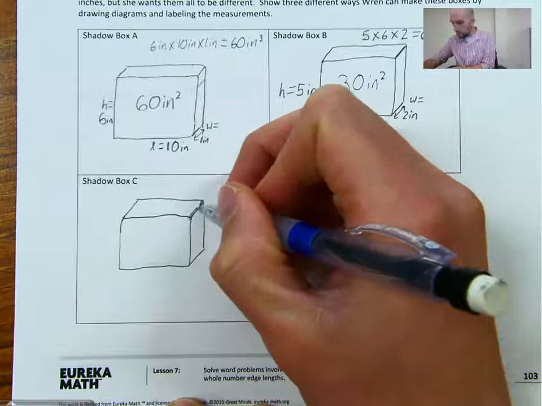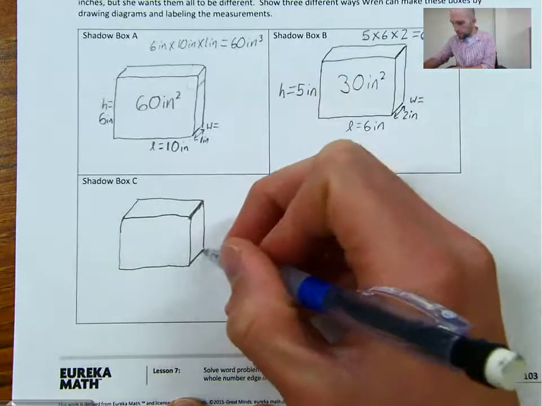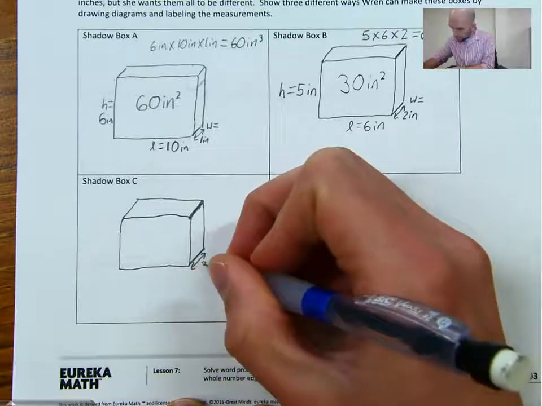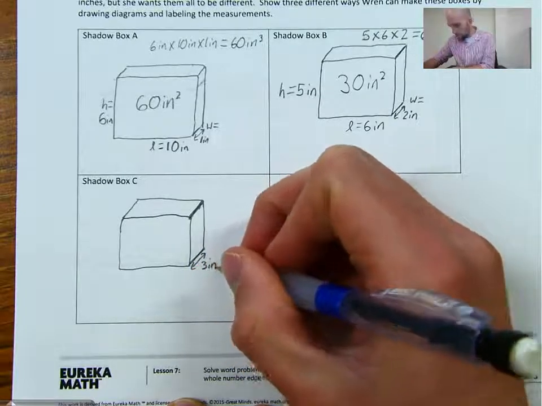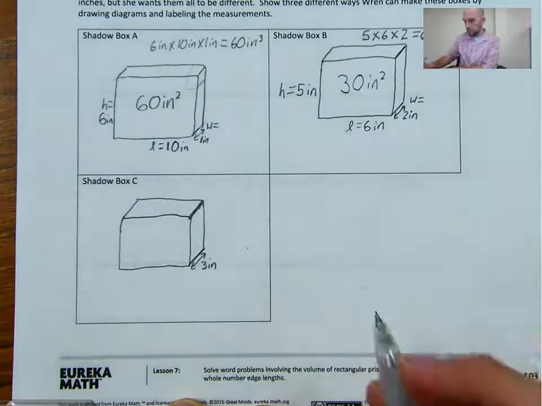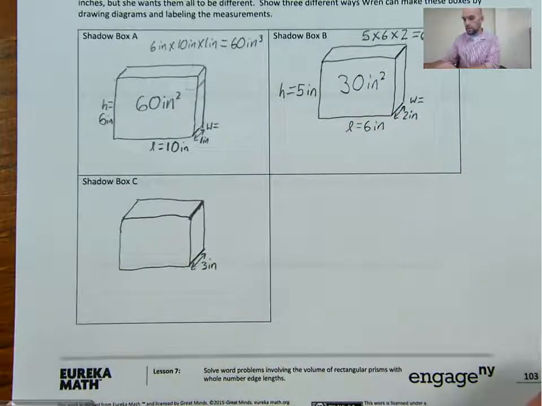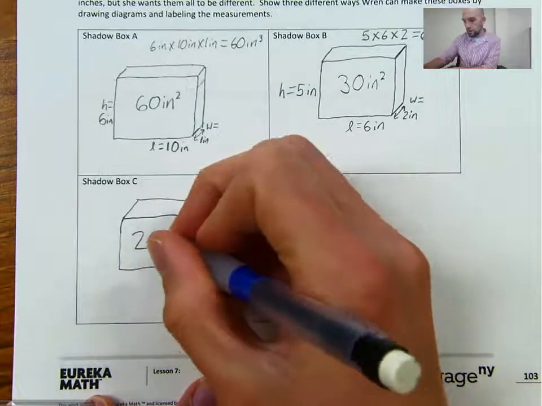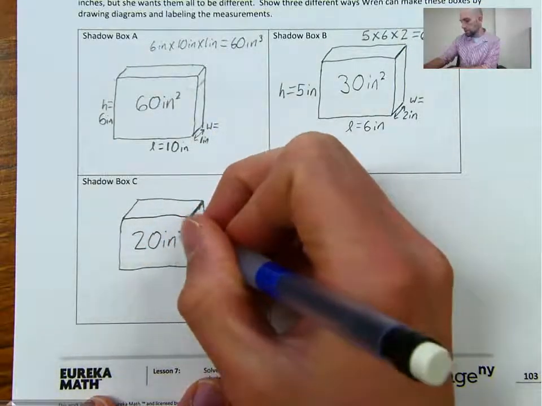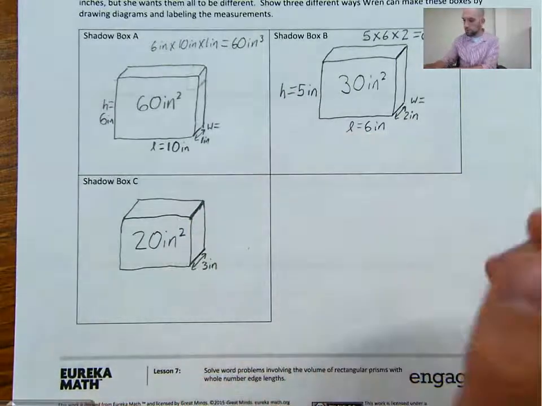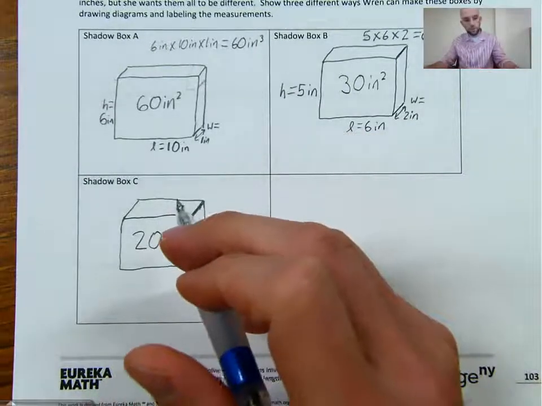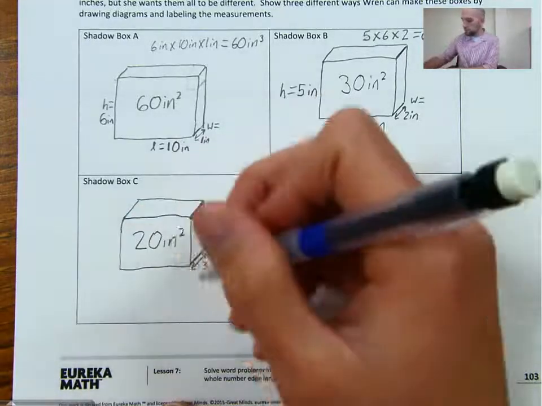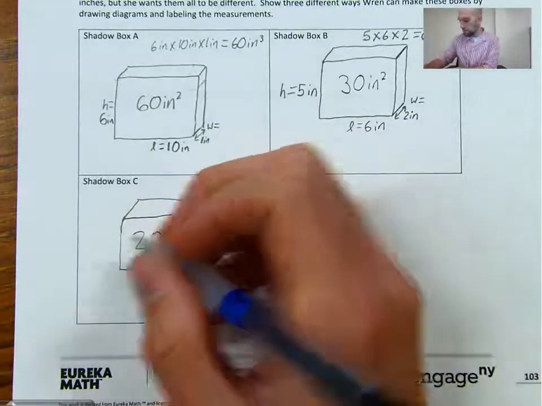This one looks like I'm going to have 3 inches this way. So I have 3 inches, and 3 times something equals 60. That's going to be 20 square inches. And then I just need to find 2 of these numbers that multiply to 20.